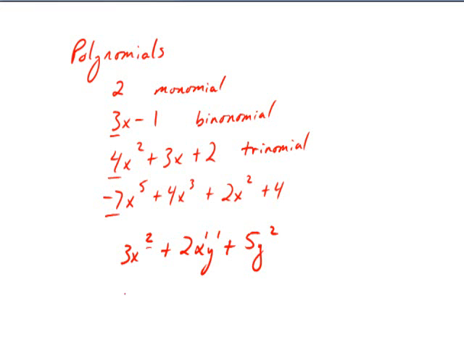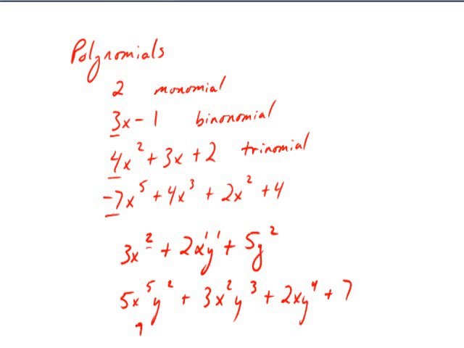Another example of a polynomial with two variables: 5x to the fifth y squared plus 3x squared y cubed plus 2xy to the fourth plus 7. If I want to look at the degree of the entire expression, I can look at the degree of each one of the terms. The first term has a degree of 7 because of the sum of 5 and 2, the sum of the exponents.